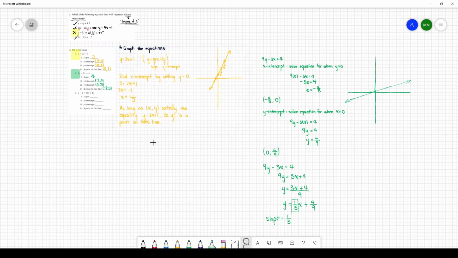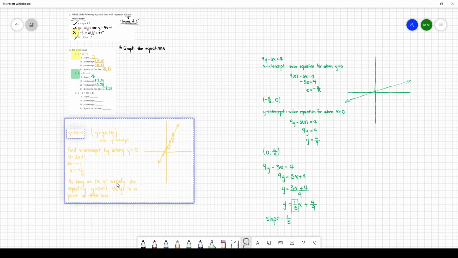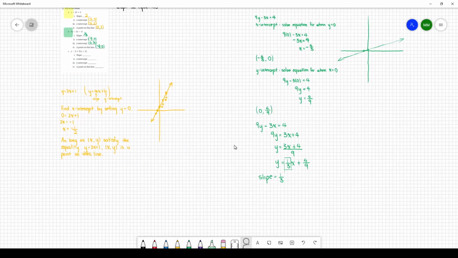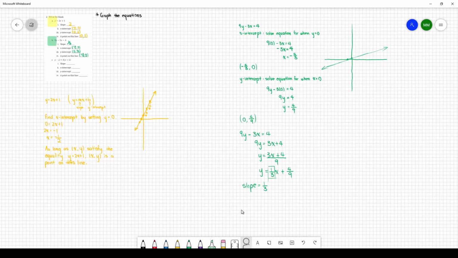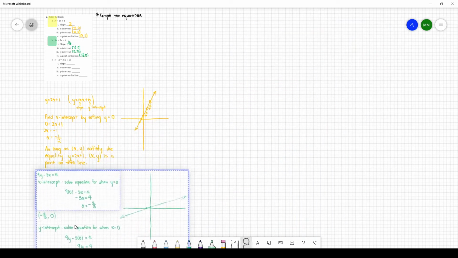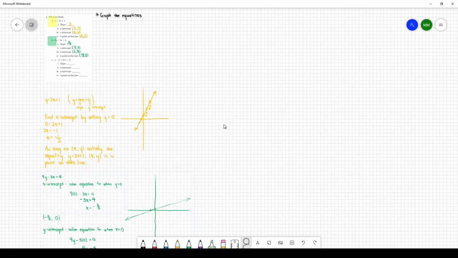Put it down here, and this one I'll put down here as well, so that we have space. Okay, so that's 2A and 2B.